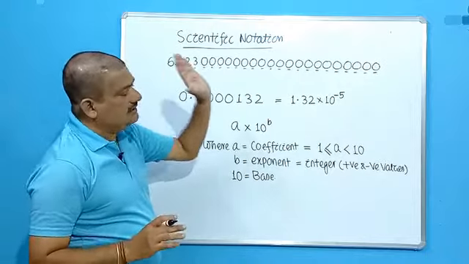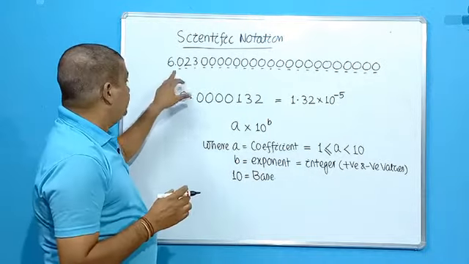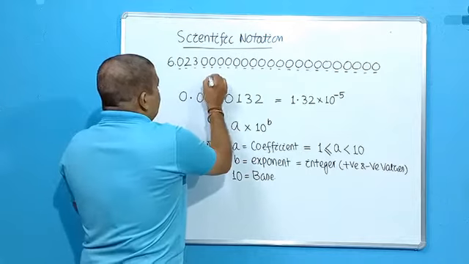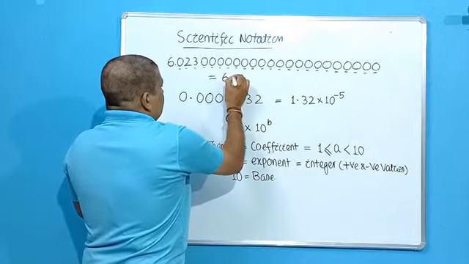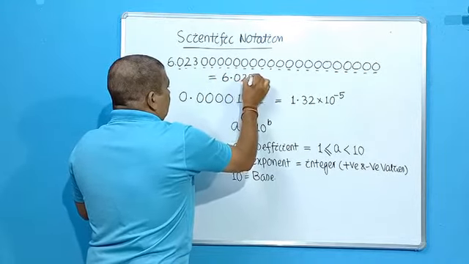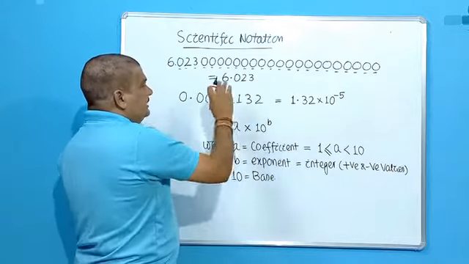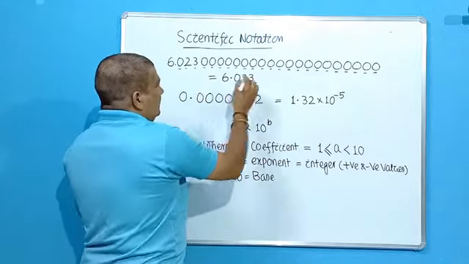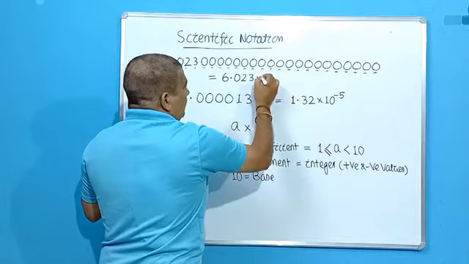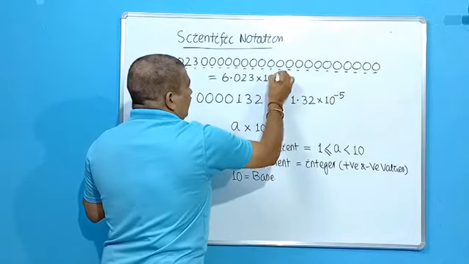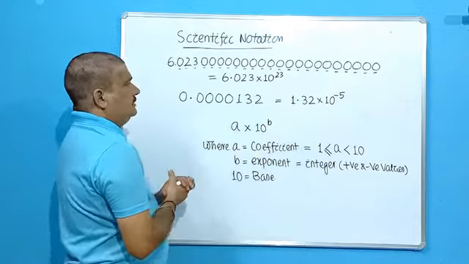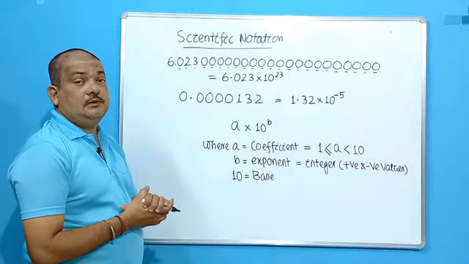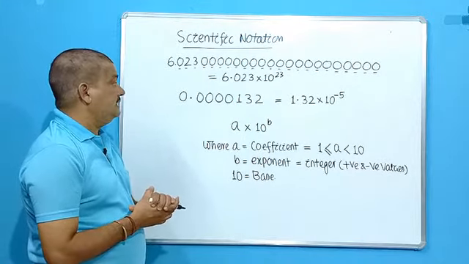That means there are 23 places to the right of the decimal point. So how will it be written? 6.023. It is useless to write the 0 again. So 6.023 into 10 to the power of the number of places we have moved. How many places have we moved? 23. So it is written as 6.023 into 10 to the power 23.